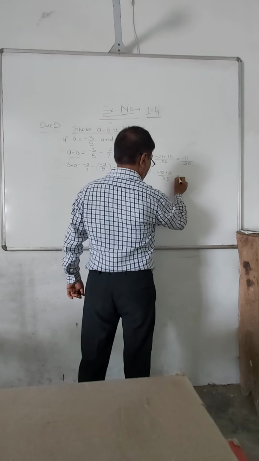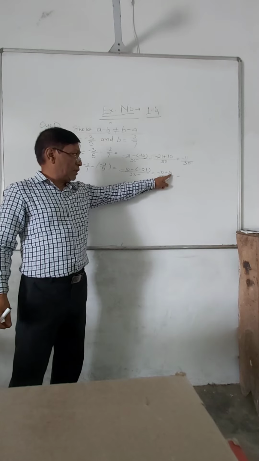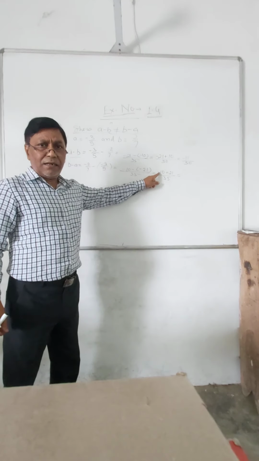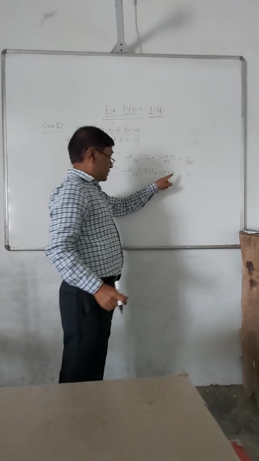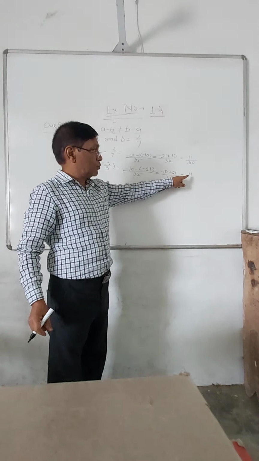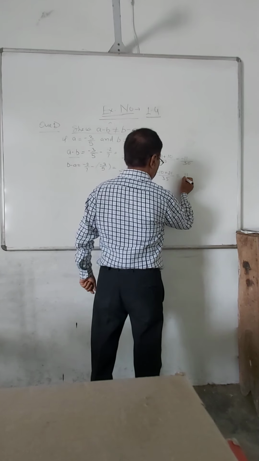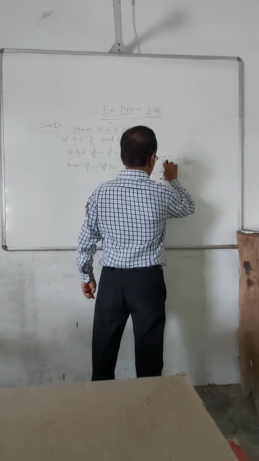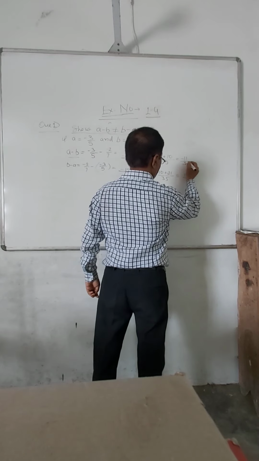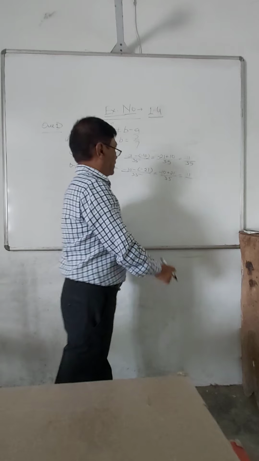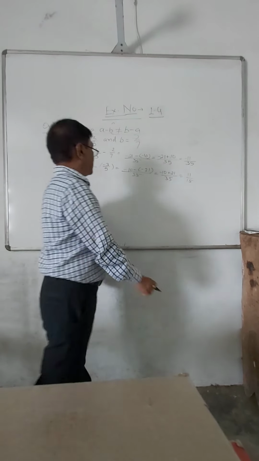Wait, this gives plus 21 minus 10 upon 35. So from 21 subtract 10, it will come 11. Since the bigger number is positive, the sign will also be positive. So it is coming 11 upon 35.